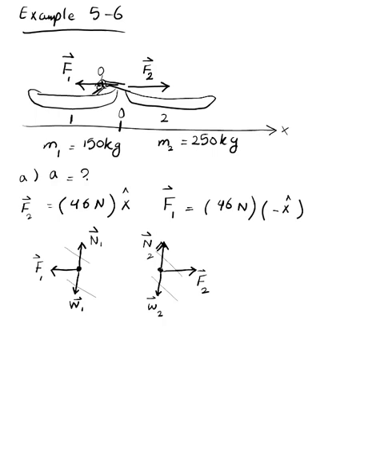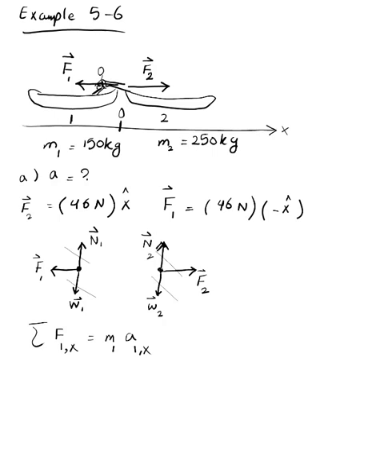So for the first canoe, the summation of F in the x direction is going to be m1 times the acceleration of canoe 1 in the x direction.